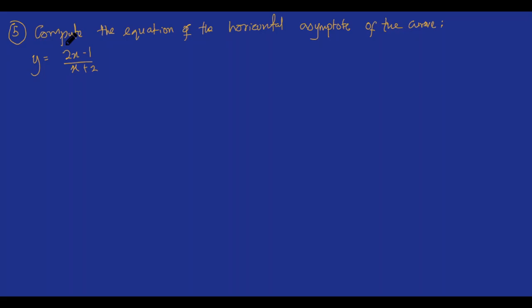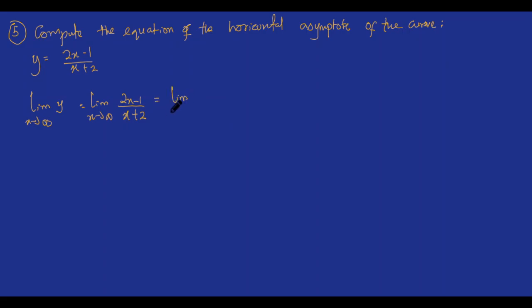We evaluate the behavior of the function as x tends towards infinity. What value of y does it tend to? That's what we are trying to find. So let's evaluate the limit of 2x minus 1 divided by x plus 2 as x tends towards infinity.